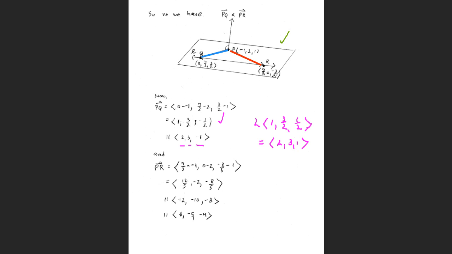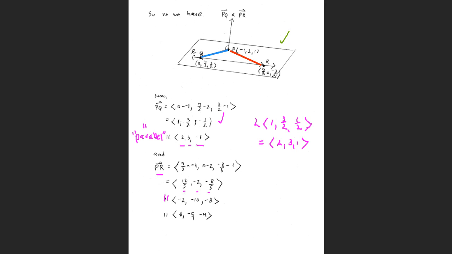Similarly, the vector PR has components 12/5, -2, and -8/5. But that is just parallel to another vector. This horizontal symbol here means parallel, right?